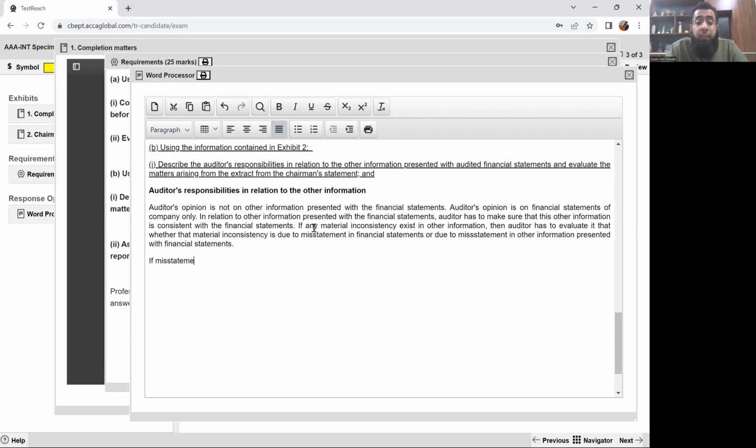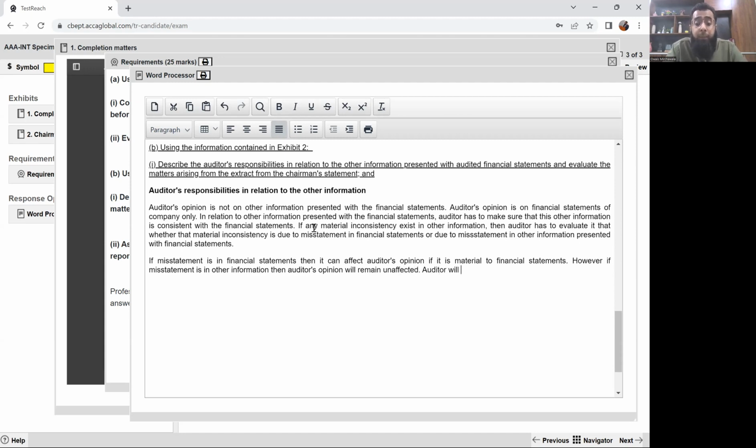If the misstatement is in the financial statements, then it can affect the auditor's opinion if it is material to the financial statements. However, if the misstatement is in the other information paragraph, then the auditor's opinion will remain unaffected.